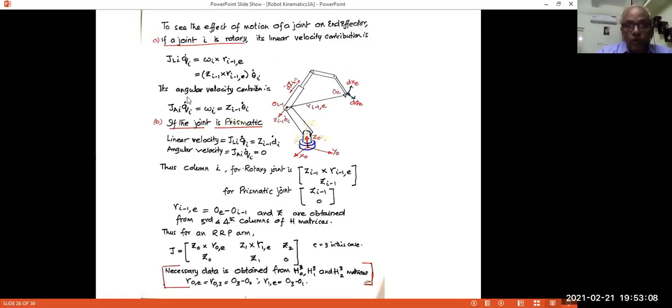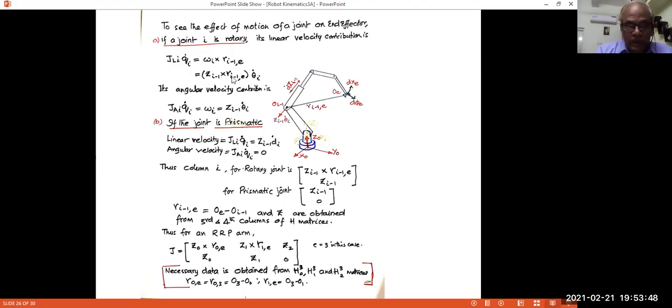What about the angular velocity contribution? As it rotates, take the other joints as fixed; all these are rigidly connected and not moving. So if it is moving, the whole thing will move as a rigid body, and the angular velocity of the frame attached to the end effector will be the same as the angular velocity about z_(i-1). So the bottom part of that column, J_Ai times q_i dot, is just omega_i, which is equivalent to z_(i-1) times theta i dot.